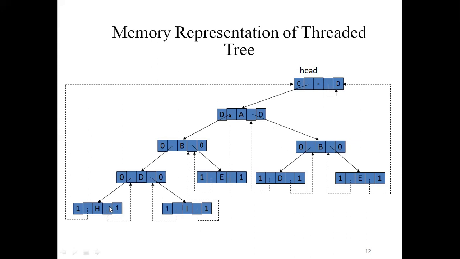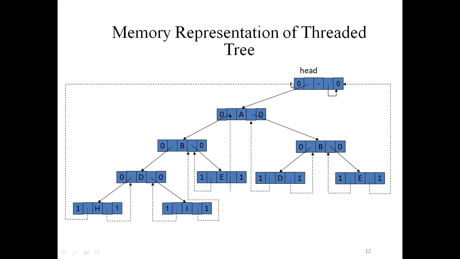So if the field is represented with 1, it will hold the address of either its predecessor or its successor. But for the leftmost and the rightmost dangling pointers, we have introduced this head node. So the leftmost dangling pointer will now point back to the head node, and the rightmost dangling pointer will also point back to the head node.